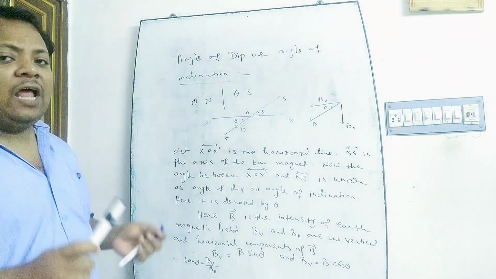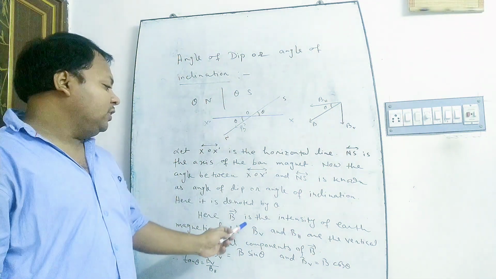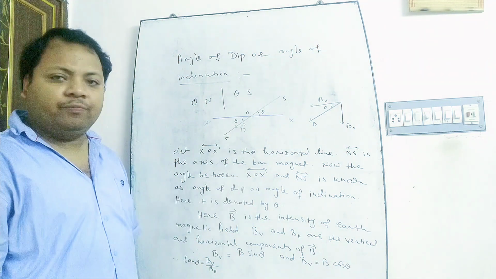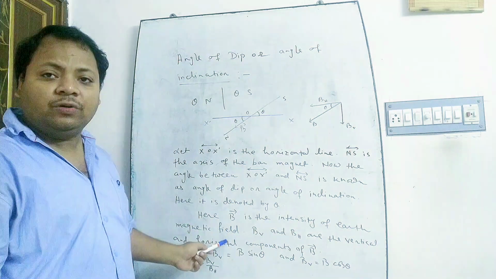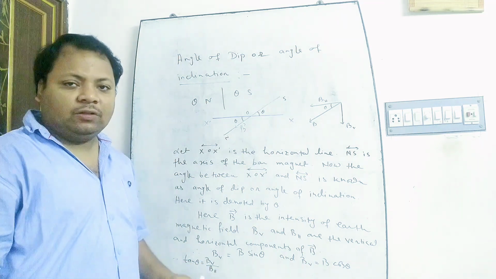You know that along the axis of the bar magnet, the earth's magnetic field at that point acts. Let B be the intensity of the earth's magnetic field at this place.